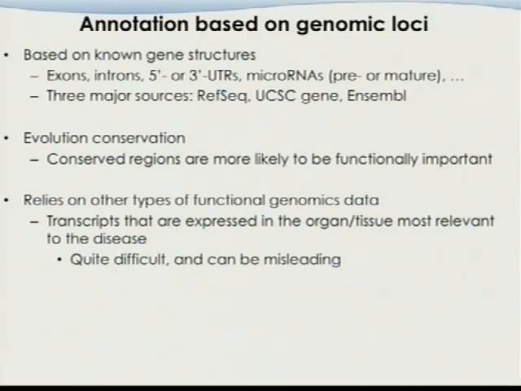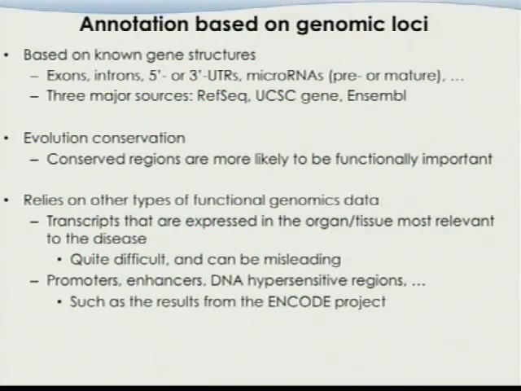But that is sometimes quite difficult. If you study alcoholism, people don't really want to give you their brain to do RNA sequencing to figure out which part of the brain is expressed. Sometimes you don't know which part of the brain you are looking for, so it becomes a problem as well. It can be quite difficult, and sometimes it can be misleading.